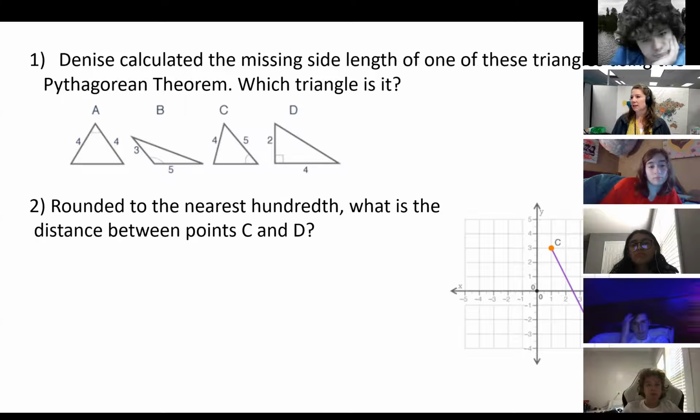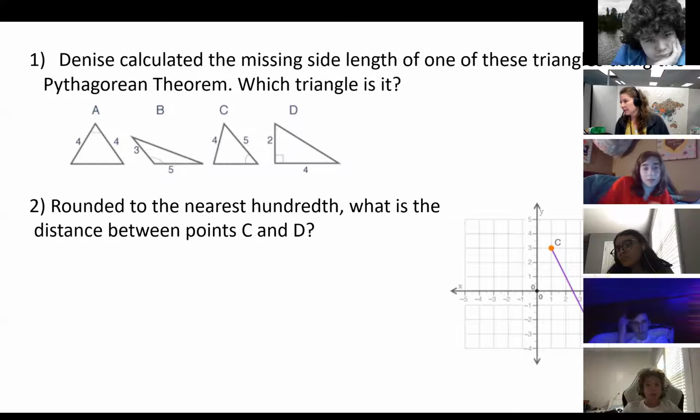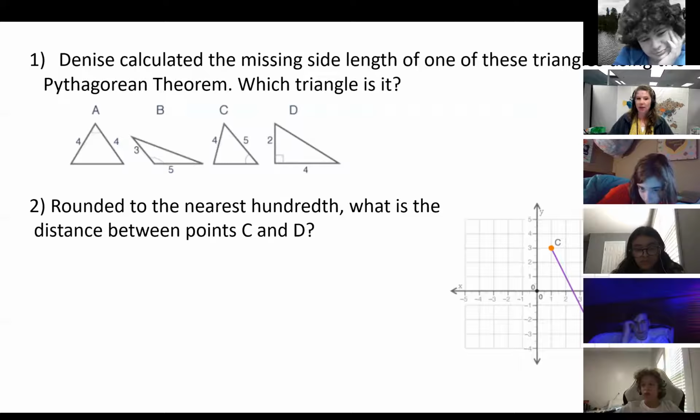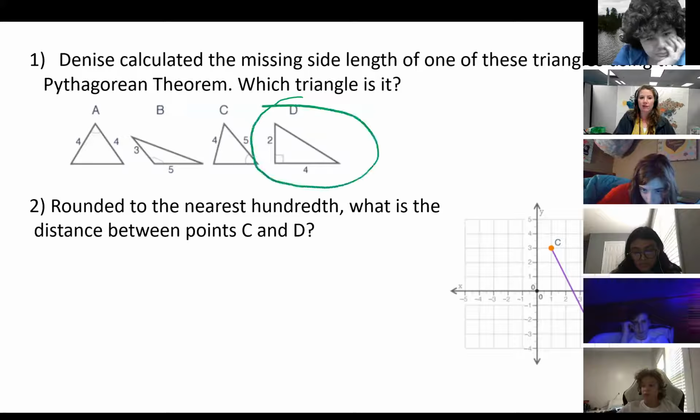It's D because that's a right triangle. Right. She said it's D because the Pythagorean theorem only deals with right triangles. I agree. Good answer. So the only right triangle is D, so that's the only one Dennis would be able to use the Pythagorean theorem on.